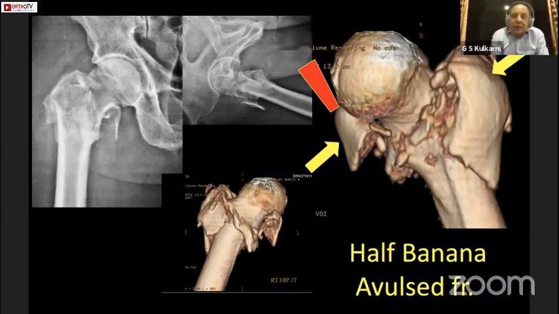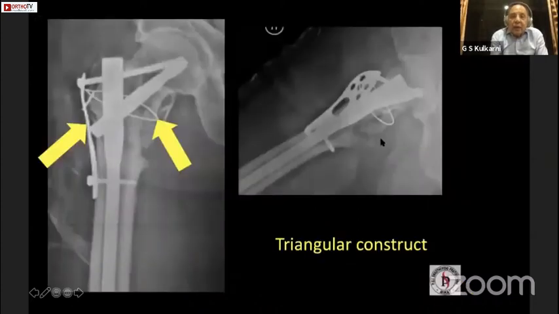Now I'm showing the principles. This piece is flying away from the trochanter, including the lesser trochanter, because of the iliopsoas muscle. This needs to be fixed, and this is fixed with a triangular construct here and a circlage wire.